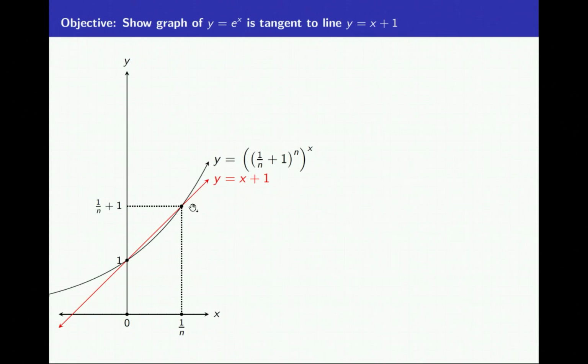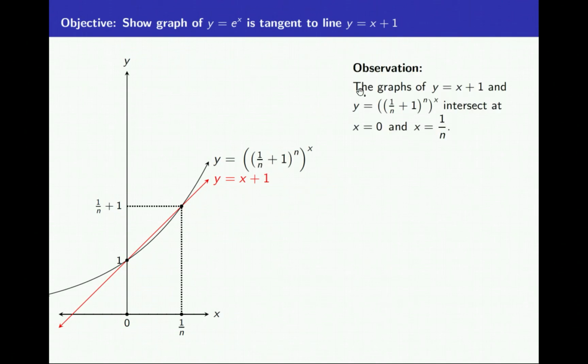So these two graphs, this straight line and this exponential function, intersect at 2 points, at x equals 0, and also at 1 over n, where n is whatever integer you choose it to be. So that's our first observation. The graphs of y equals x plus 1 and y equals 1 over n plus 1 to the power of n to the power of x intersect at x equals 0 and x equals 1 over n at 2 points.